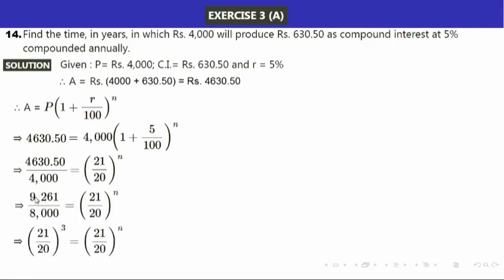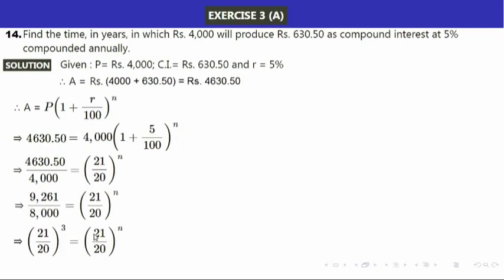If you do that, this can be written as 21 into 21 into 21, which is 21 cube. Similarly, this becomes 20 into 20 into 20. So this can be written as 21 by 20 whole cube.